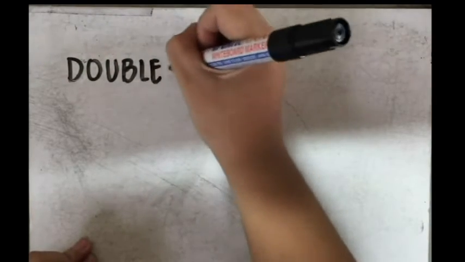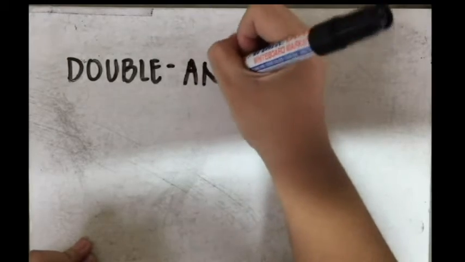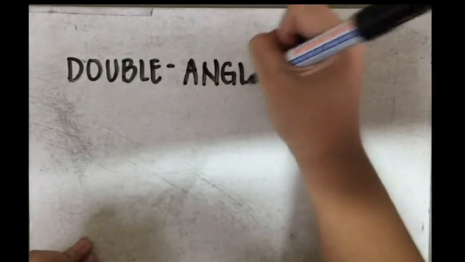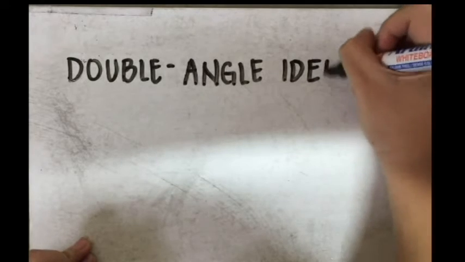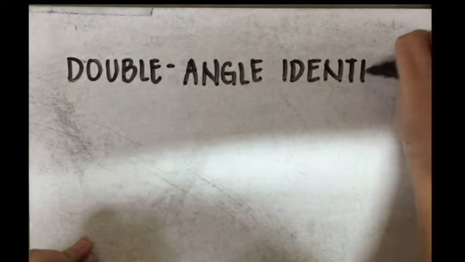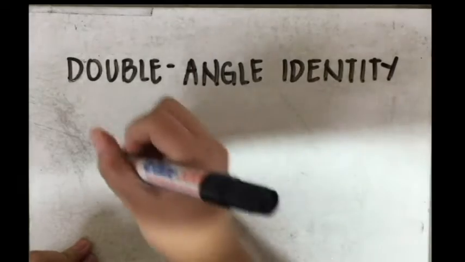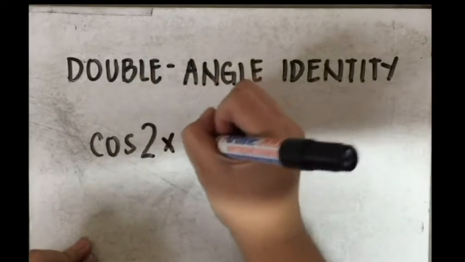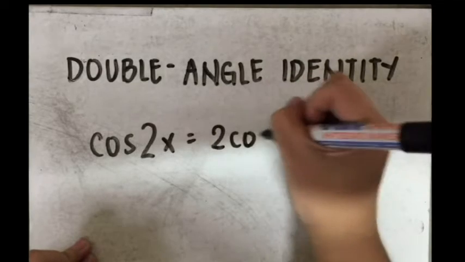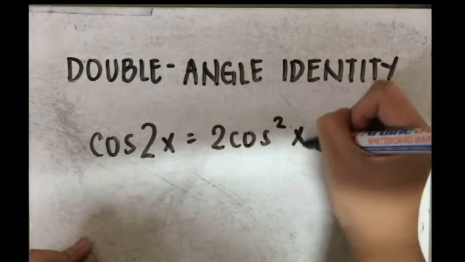Solve this number. We can use the double angle identity, which is cos 2 theta is equal to 2 cos squared x minus 1.